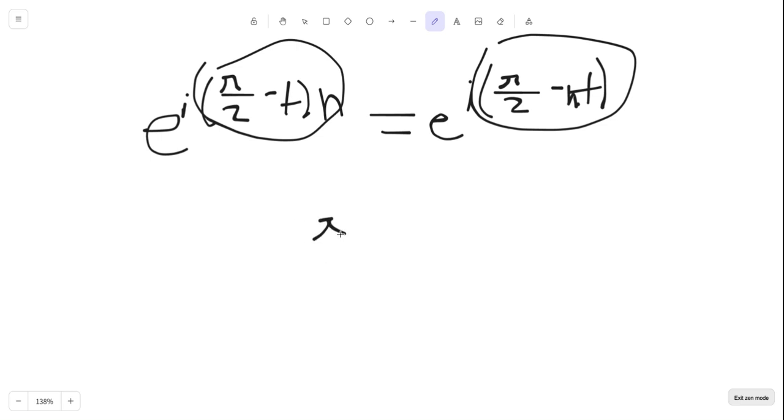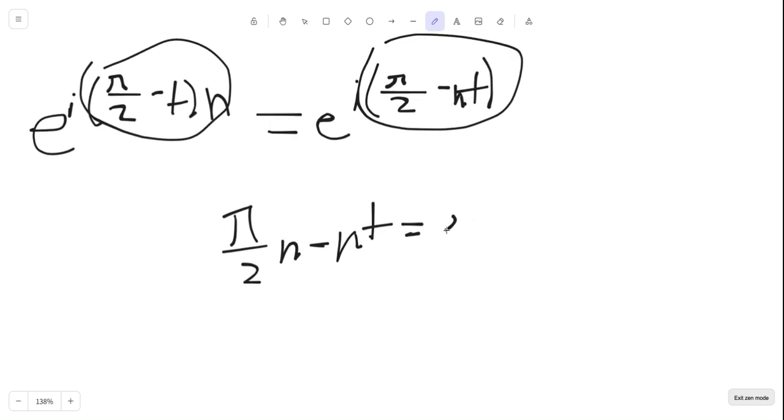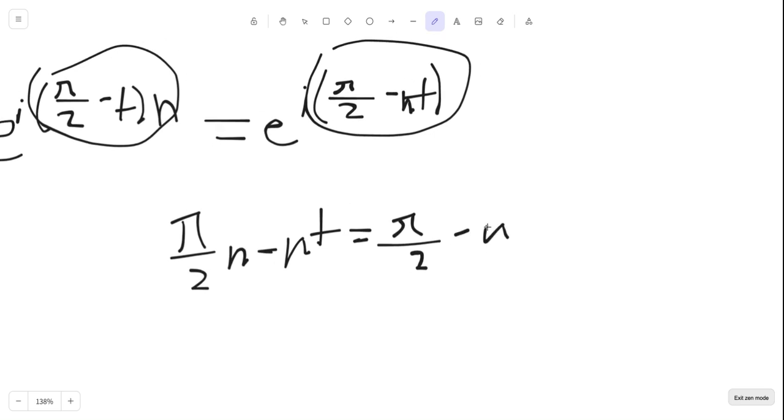So if we distribute the n on the left side, we get pi over 2 times n minus nt equals pi over 2 minus nt.